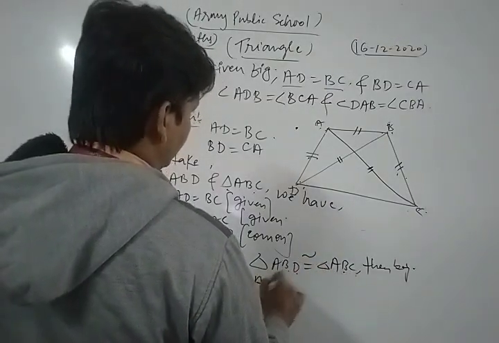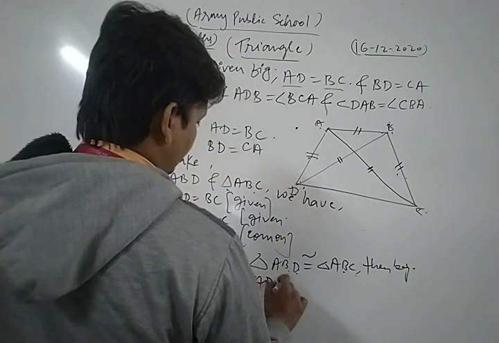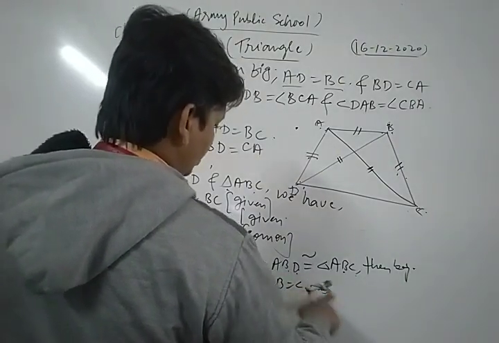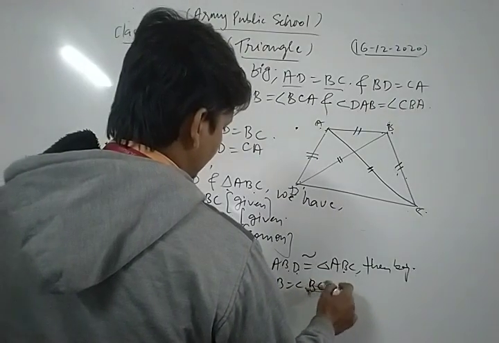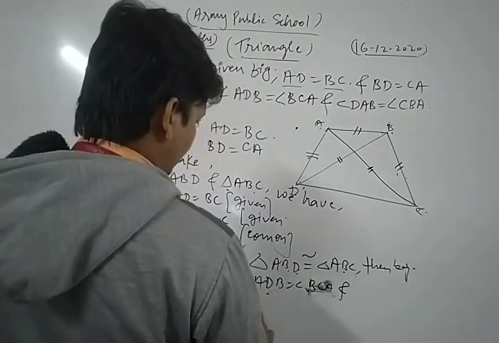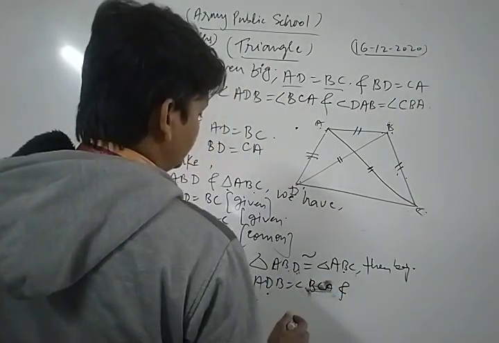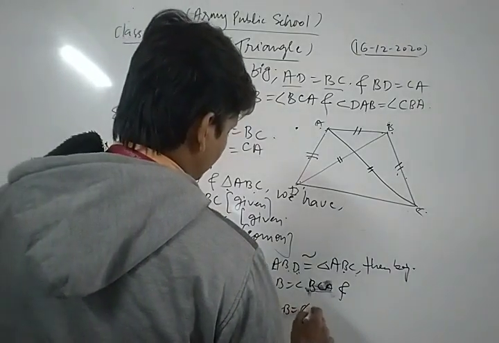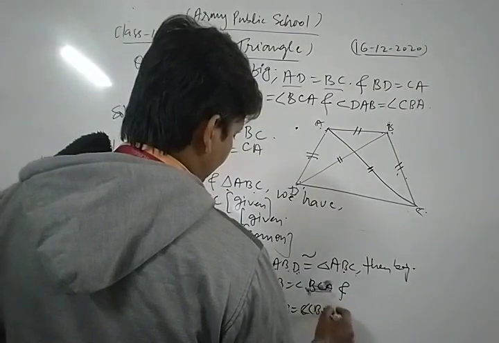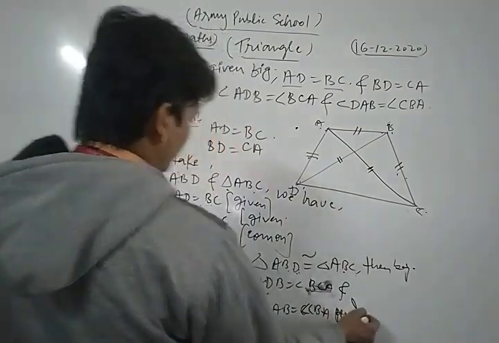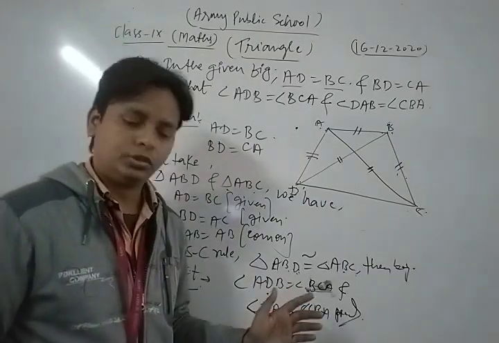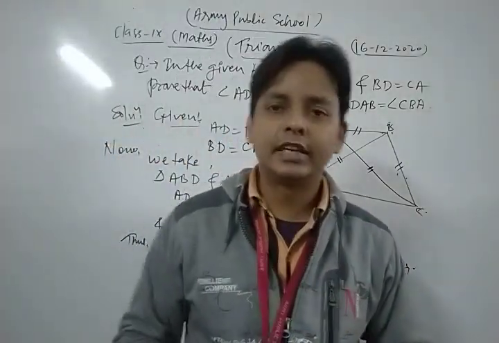Angle ADB is equal to angle ACB, or you can write BCA, and angle DAB is equal to angle CBA. Hence proved. Thus, dear students, in this way you can prove all the questions of your NCERT exercise based on triangle.